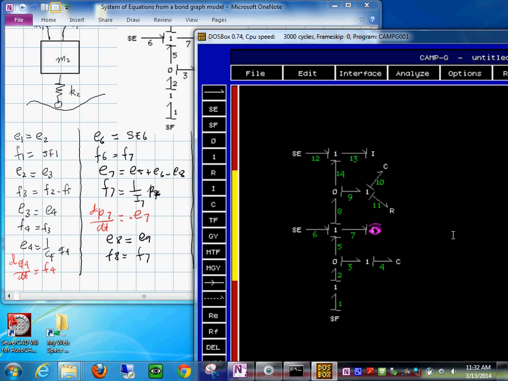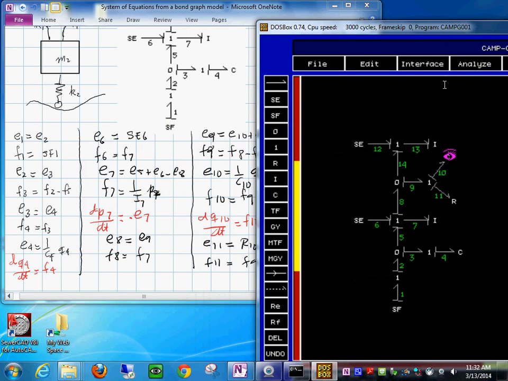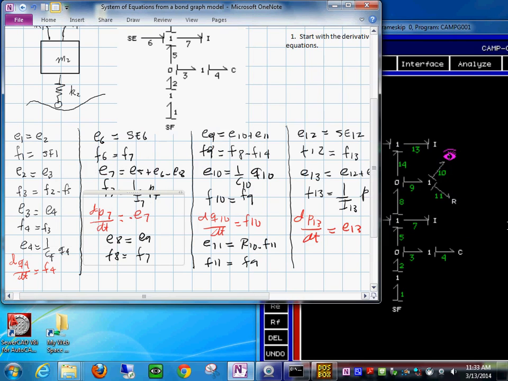And if you click over here, what you have is the differential equation for the I element. Okay, so we have done these things so far correctly. I think we could move it a little farther down here. Hopefully it still has the mouse, and then we're going to go back over here.